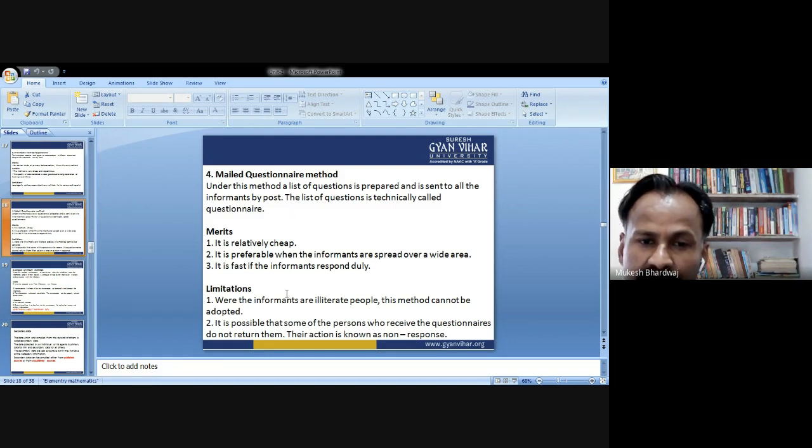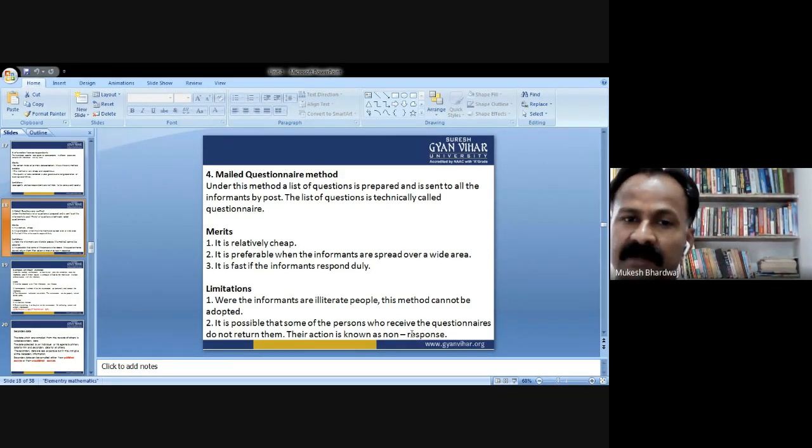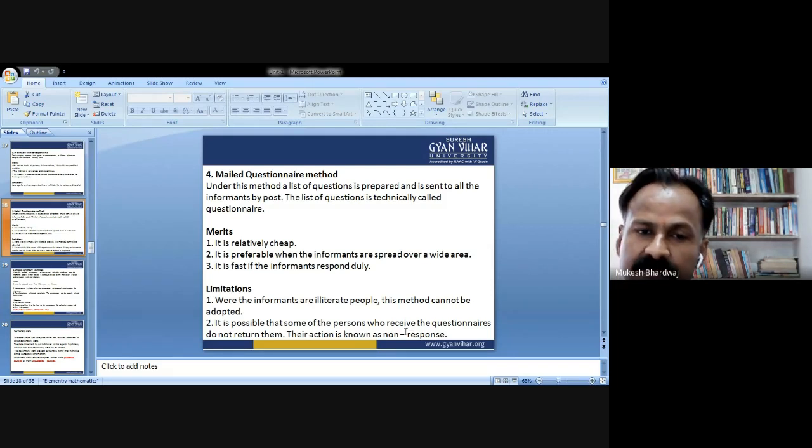Okay, so this is the limitation or demerit. Second is that it is possible that some of the persons who receive the questionnaire do not return them. Their action is known as non-response. Some of the time, the literate person receive the questionnaires, but they don't show any interest in returning or submitting them back. So this method almost won't work.